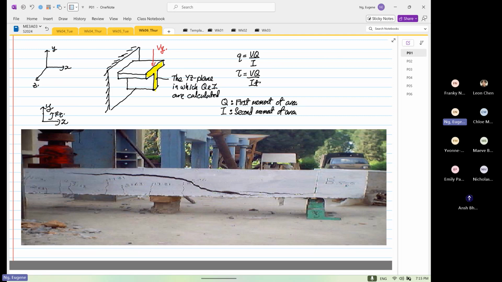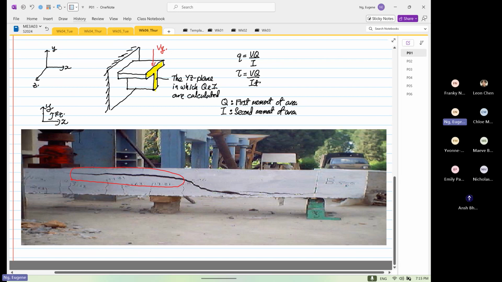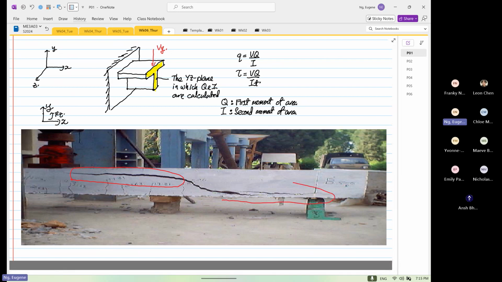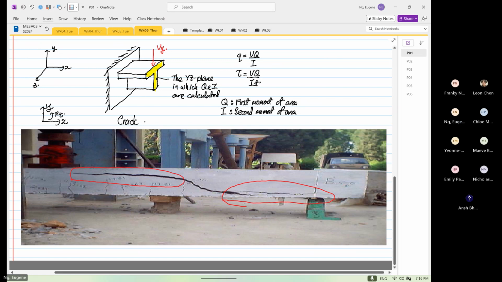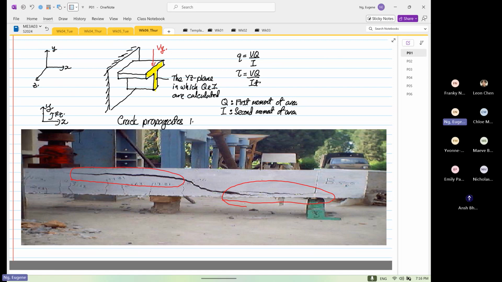What you will see is the fracture. So where is the fracture? You can see here, this is where the fracture occurs. And if you look at the fracture, or the crack, it propagates in the horizontal orientation, right?